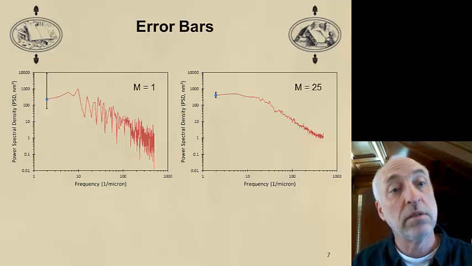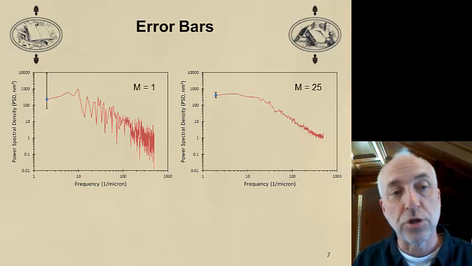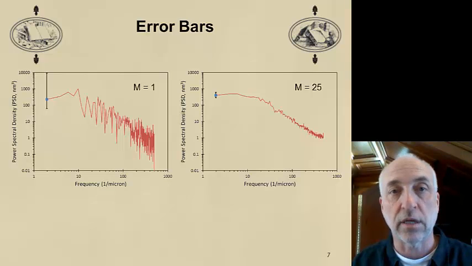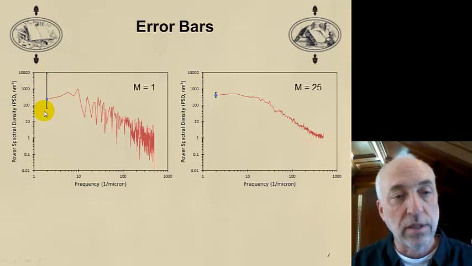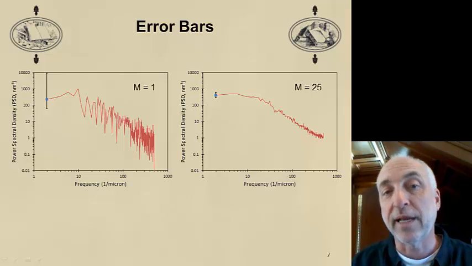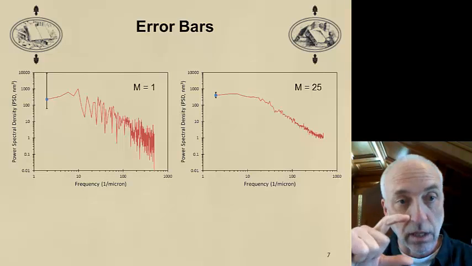Also note that these error bars are a fraction or a percentage of the nominal or true value. As a result, since I'm plotting these graphs on a logarithmic scale, the length of the error bars on this logarithmic scale is the same for every data point. That means I don't have to plot error bars on every data point. They all have the exact same length.